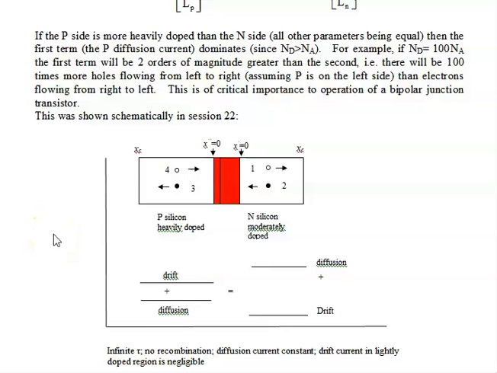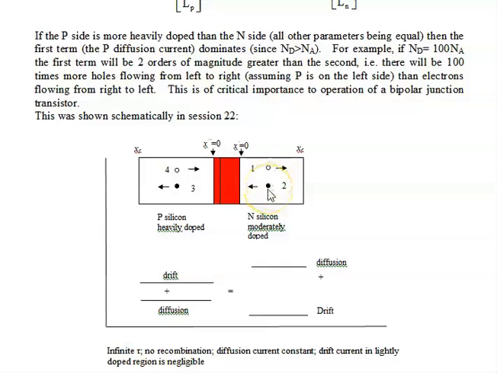And just one last figure before we jump into the BJT. Again, this is the PN junction, and we see that there are four possibilities. We have holes going from the P side into the N side where they become minority carriers.